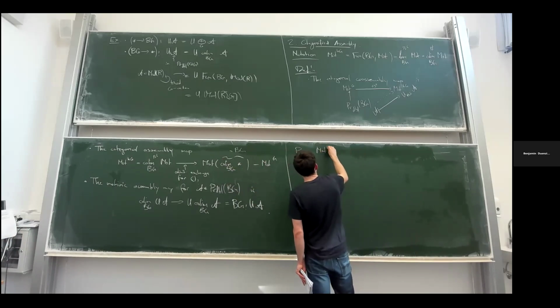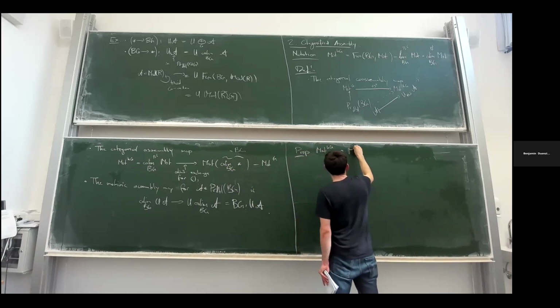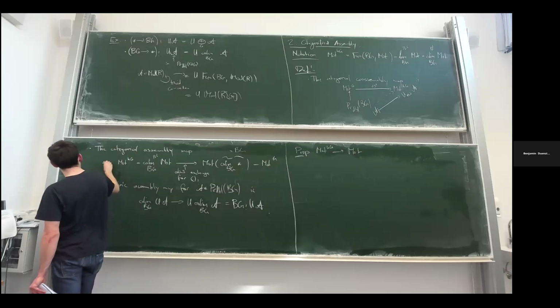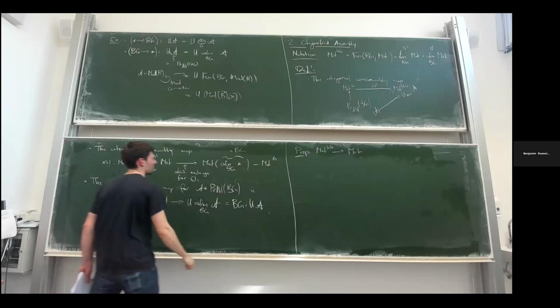Namely, this map, I call this map also I lower Schrieg, because it's constructed using this Schrieg functoriality.